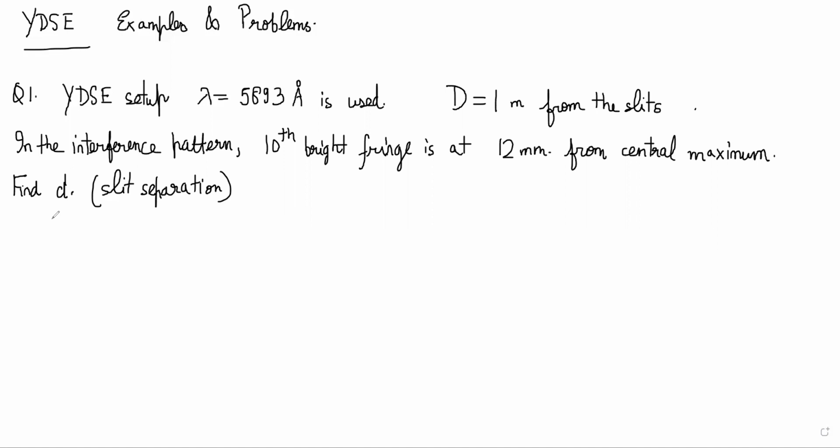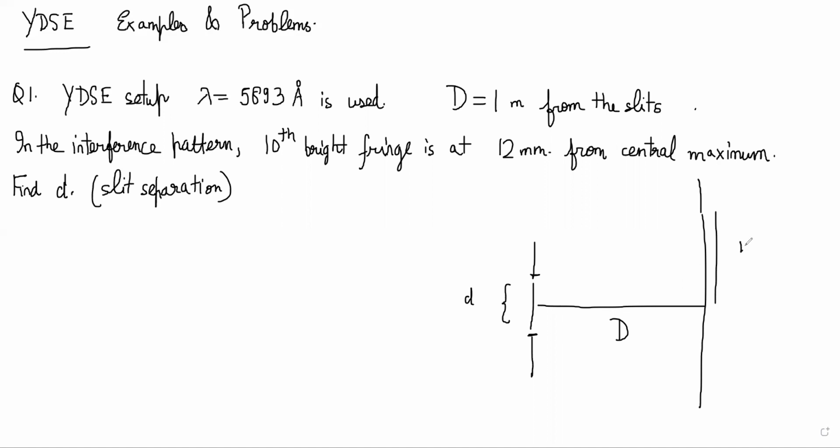This is what you have to find. So at a distance of 12 millimeter, you have the 10th bright fringe.